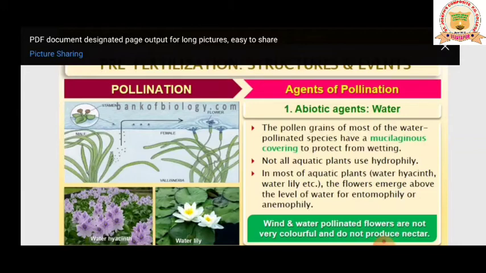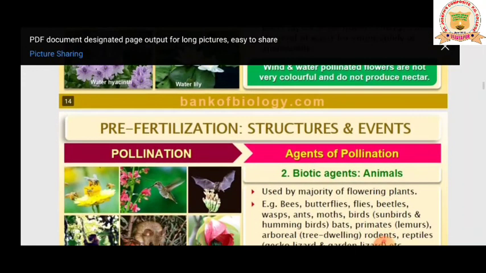They are growing in the water medium, but the pollination is not carried out through the water. It is carried out through insects or through the wind.